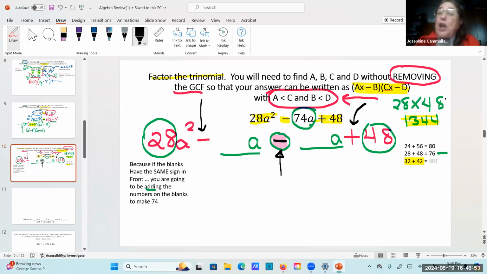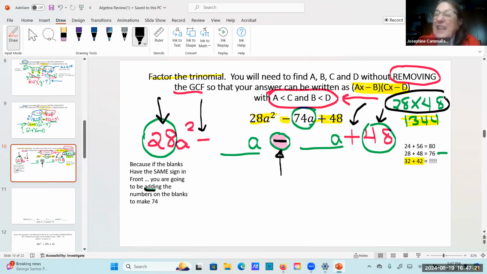Now, first off, you take the 28 and the 48 that are in the original problem and multiply them together. Because I know that I have two negative signs, I know I'm going to be adding, Lupe.